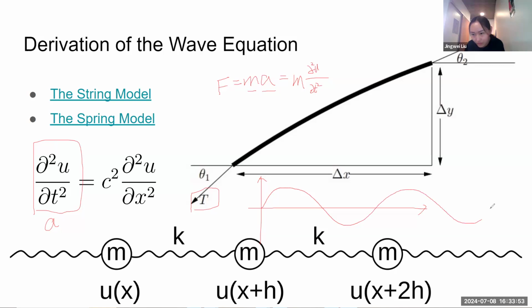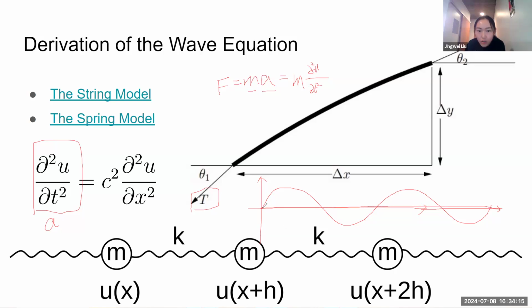What's the force? Let's say it is a string, so it has this elasticity. It resists the deformation. At first this string will be flat. This is its initial position.